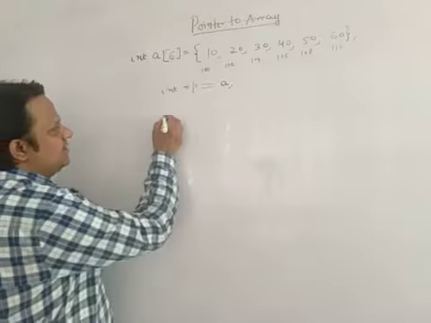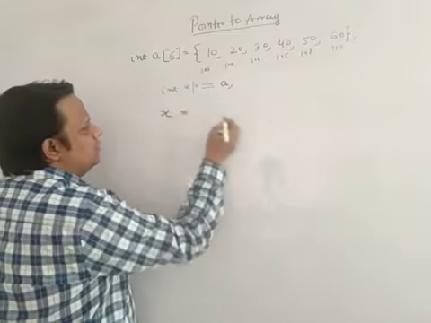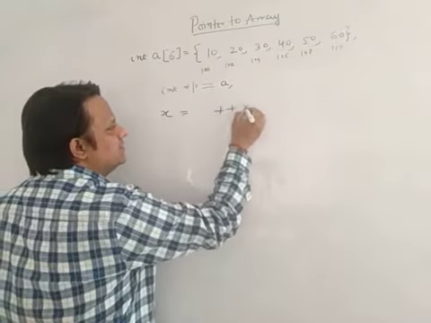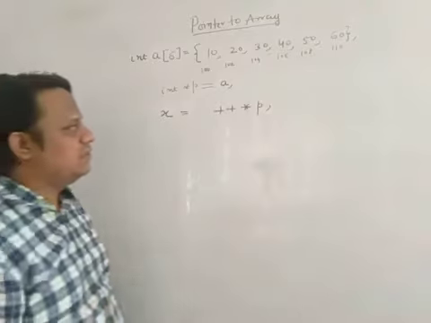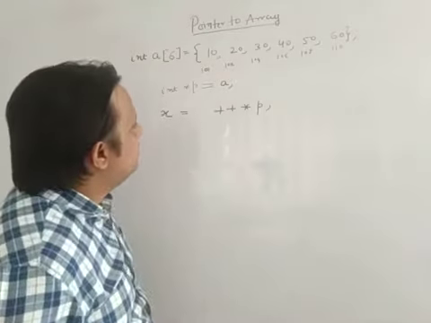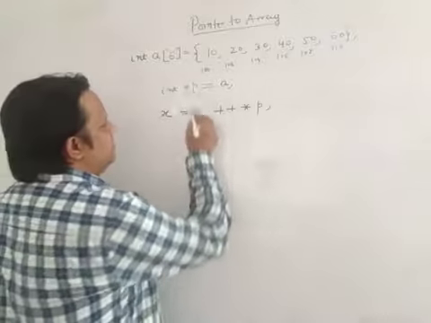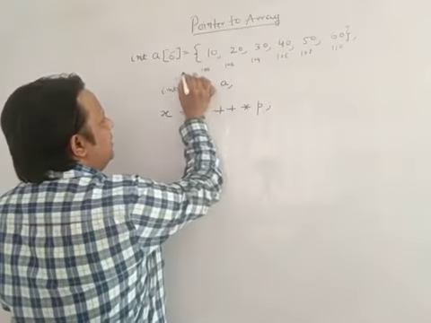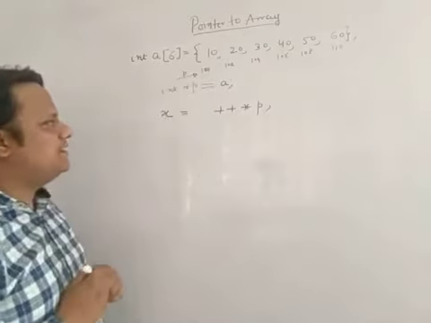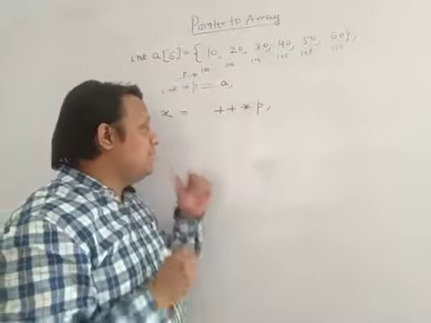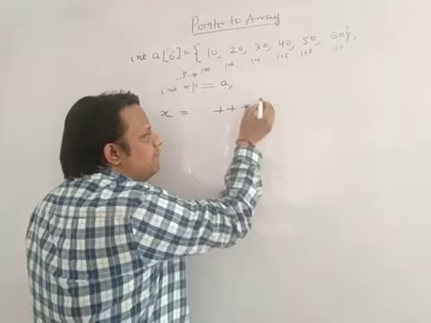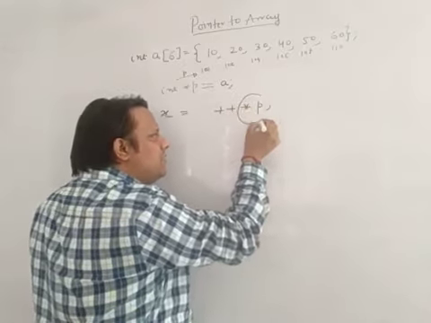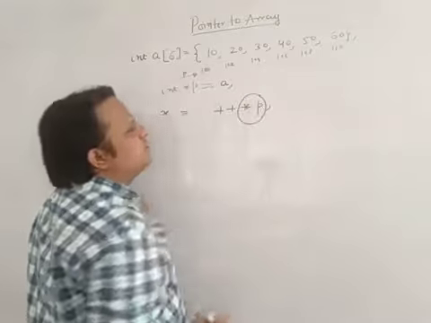So when I write int *p = a, now let's suppose I write x = ++*p. What happens now? My p is equal to a, it means my p is right now pointing at 100. So see, I am not incrementing the pointer here, I am not incrementing p. What I am doing is incrementing the value which this pointer is pointing at.